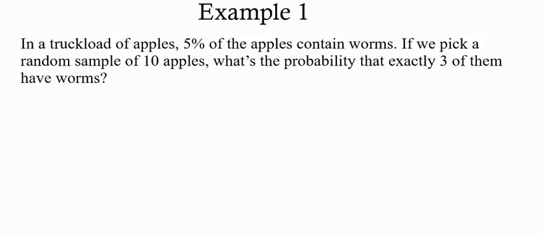So first off, we look and say, okay, is this really a binomial distribution? Is it really? If we're talking about apples that contain worms, we have 2 different situations going on.